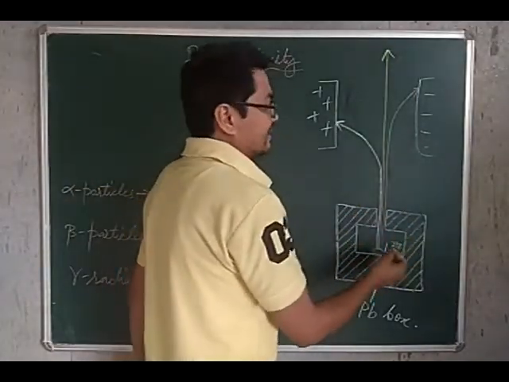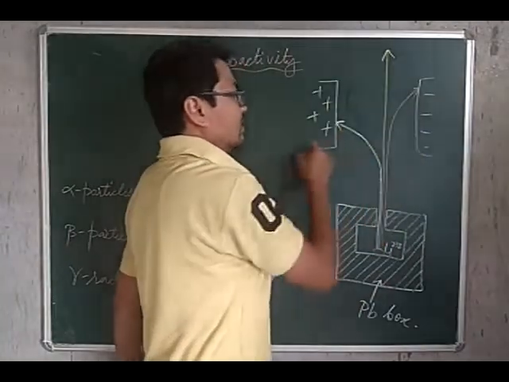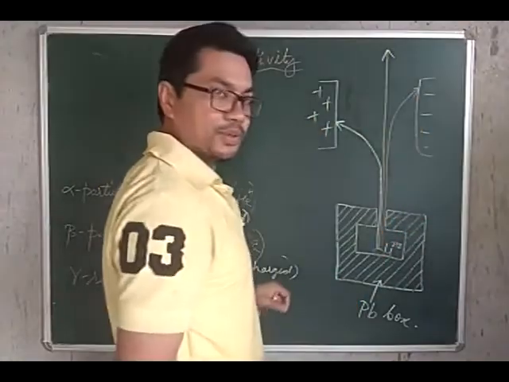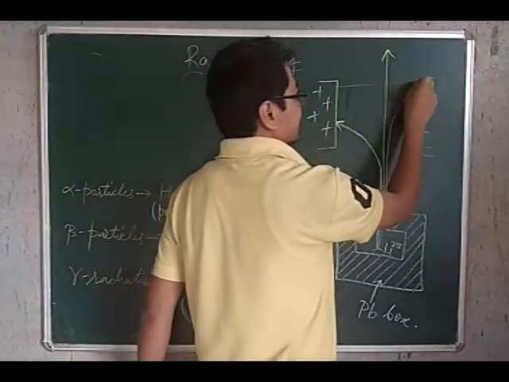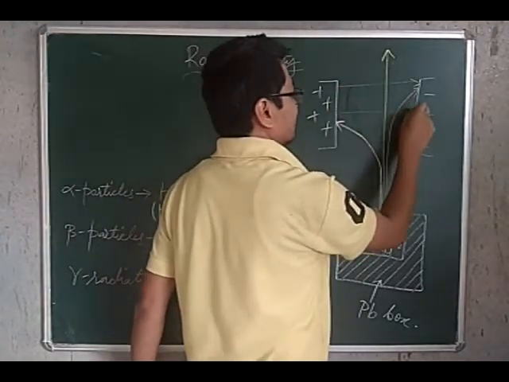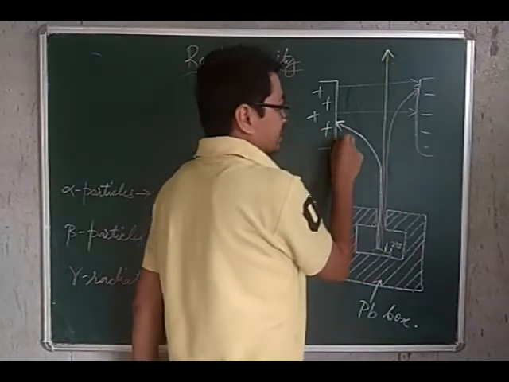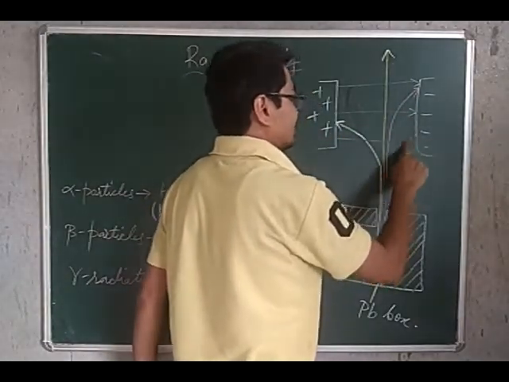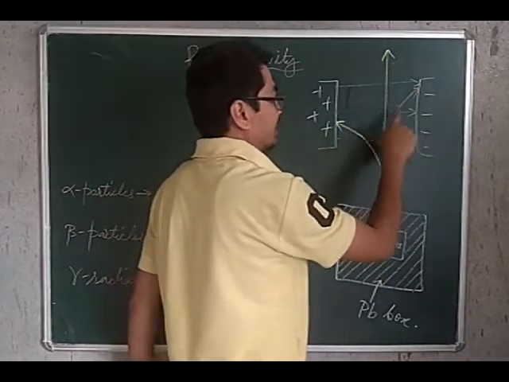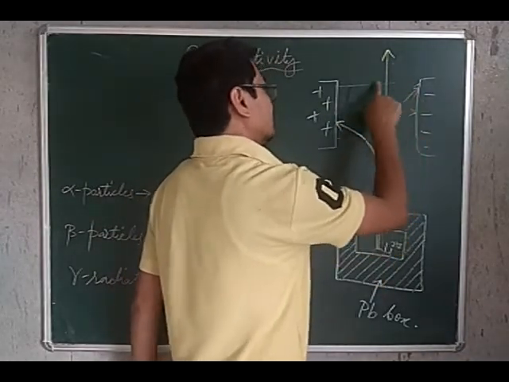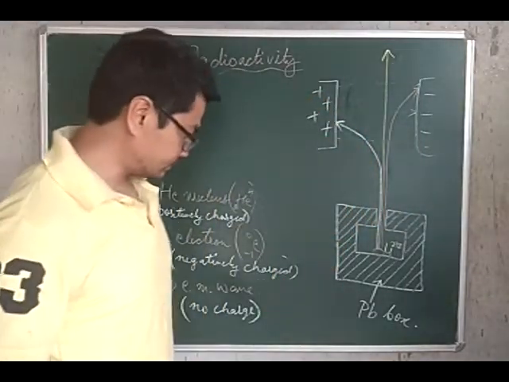Now what is seen is, if we have an electric field set up, so this is the positive terminal, this is the negative terminal, so the electric field is in this direction. Electric field is from the positive terminal to the negative terminal, always remember. So there is an electric field in between these two plates.